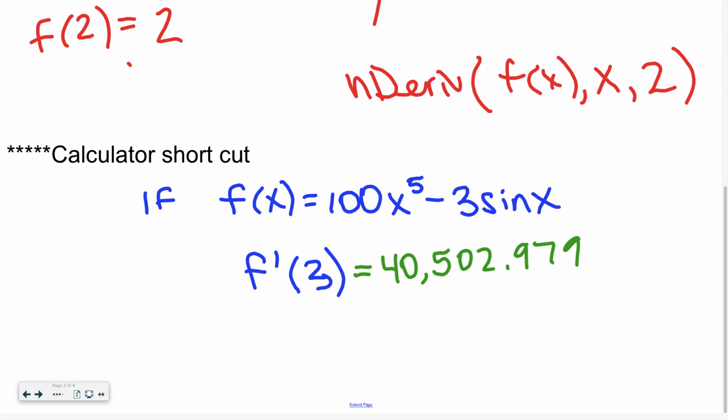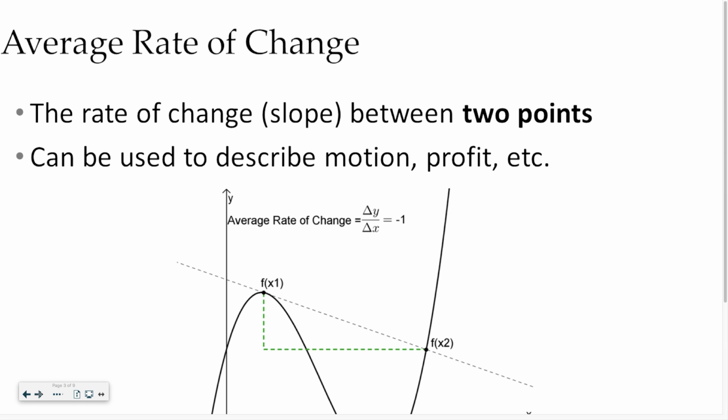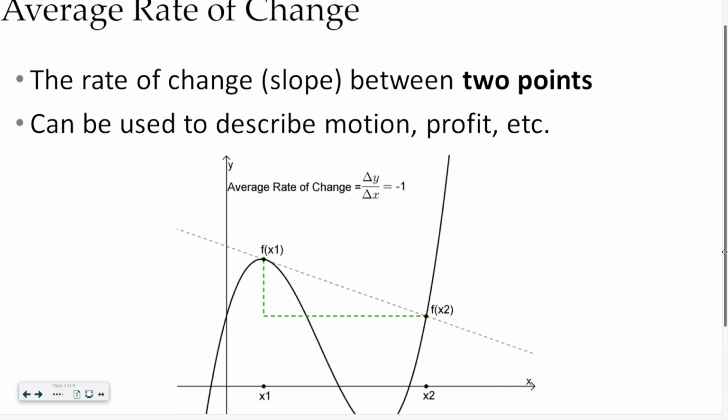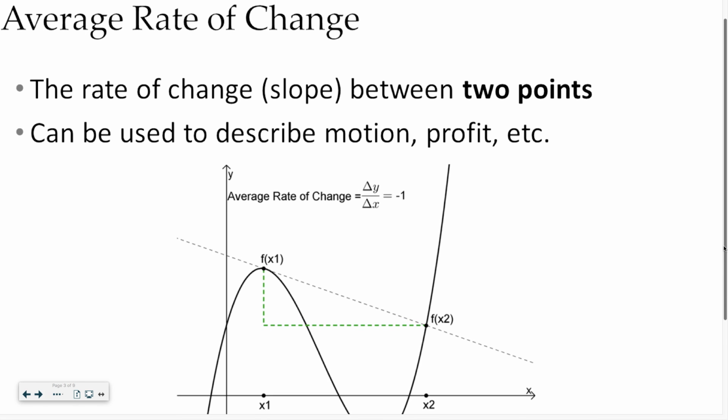So only linear functions have slope, right? So what if we have a function that's not a line? We can pick 2 points, and we can find the slope between those 2 points, and we would describe that as our average rate of change, okay? So the average rate of change is essentially the slope of the secant line from a function, okay? Literally, it's just rise over run. Calculate the slope between 2 points. We're just not on a linear function, okay?